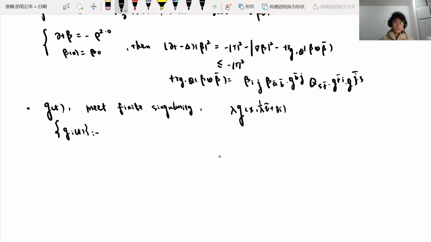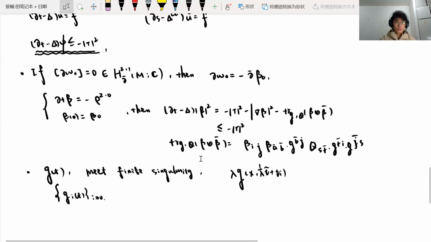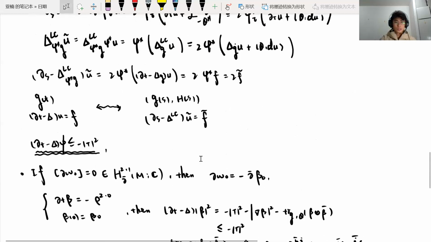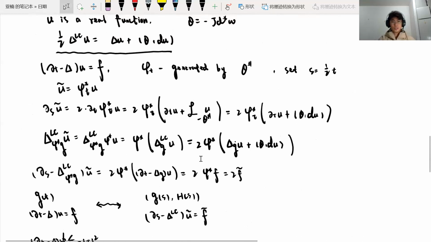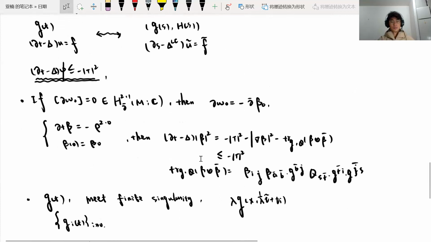Then from the compactness theorem, and since we also assume this condition, we also have the non-collapsing results. Then we can obtain a singularity model. But in general, we do not know when the flow is not collapsing.